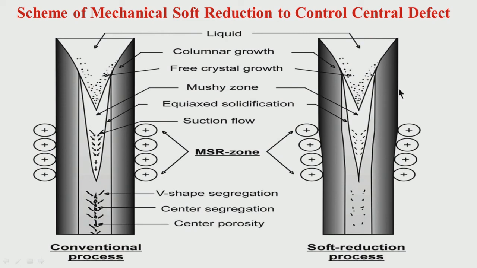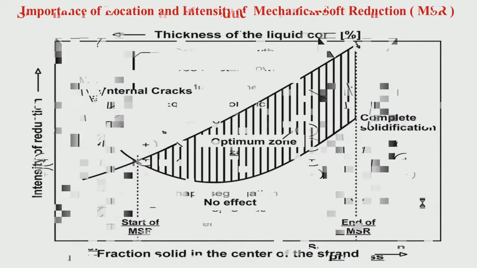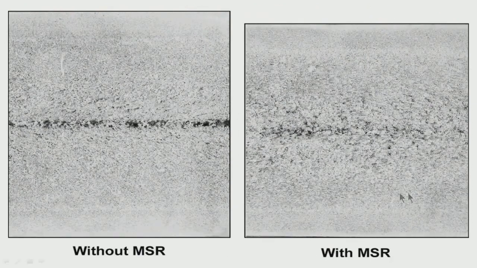Because you have put some pressure, you have decreased the gap between the rolls in the final stage of solidification. So this is an important concept. Because of this, you get less segregation and less crack in the final central line or central area.